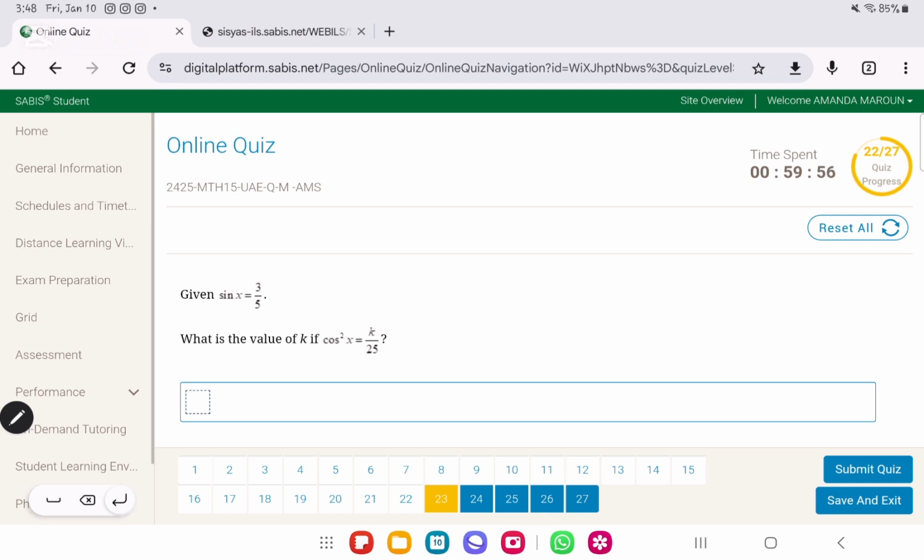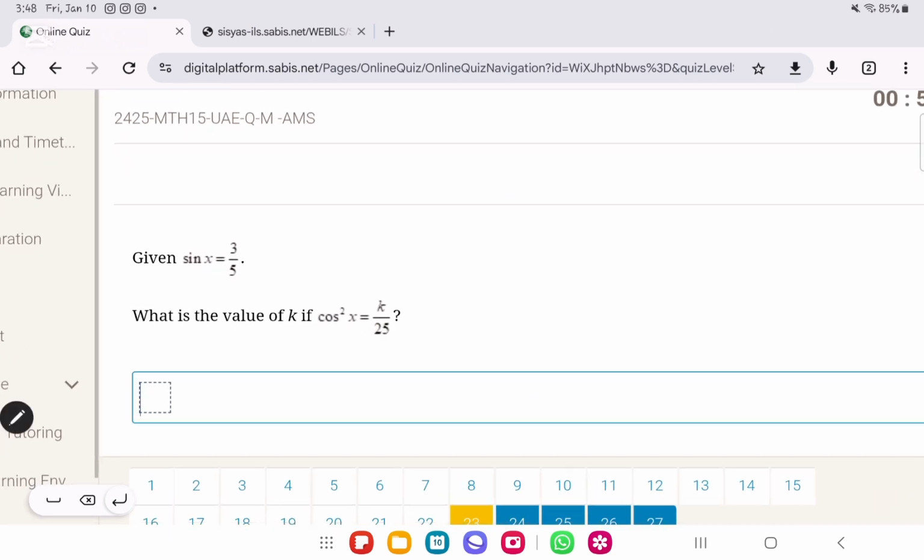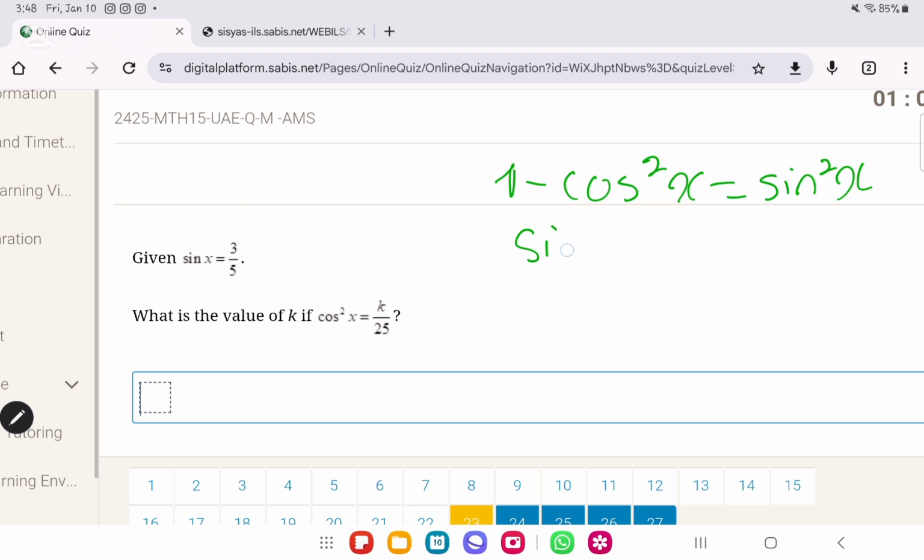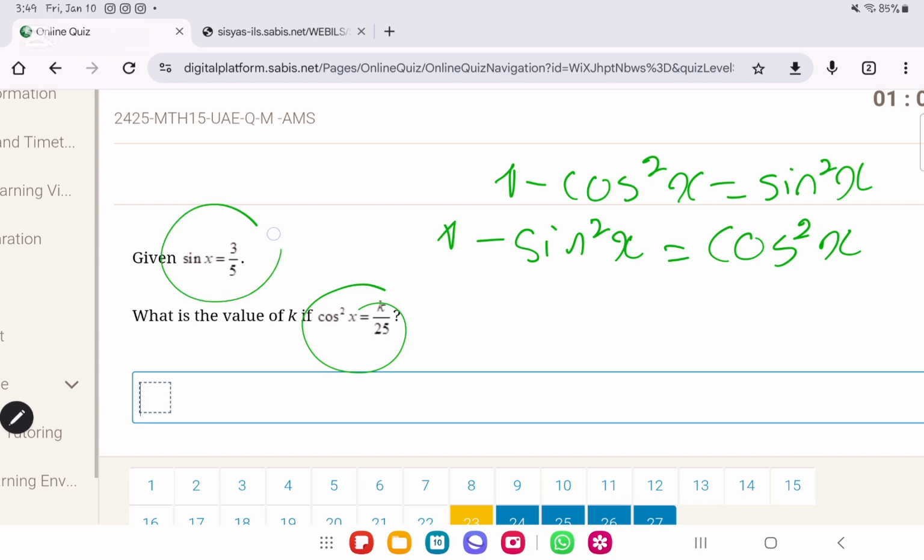Over here, it is the same way. Again, 1 minus cosine squared x is equal to sine squared x, and 1 minus sine squared x is equal to cosine squared x. We have cosine squared x that we need to find, and we are given sine x.